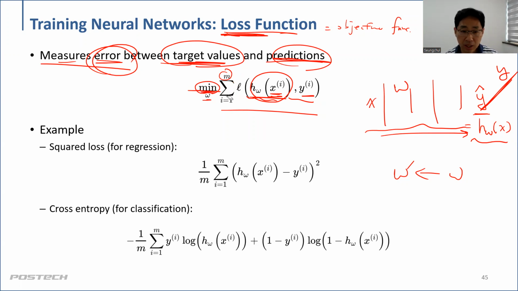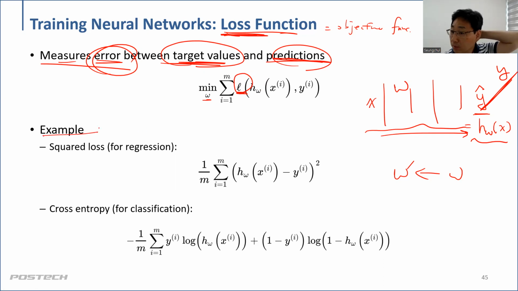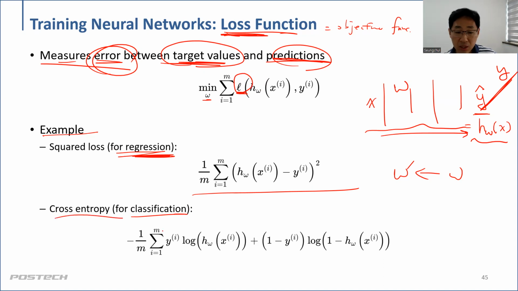All right? And here are omega and the loss function. It's really up to you. You have to define the loss function for your own application or your own problem. Let's see one example here. For regression problems, it looks familiar, the squared loss. For classification problems, cross entropy.